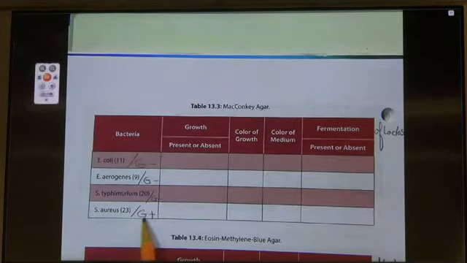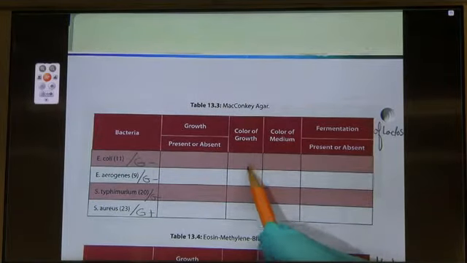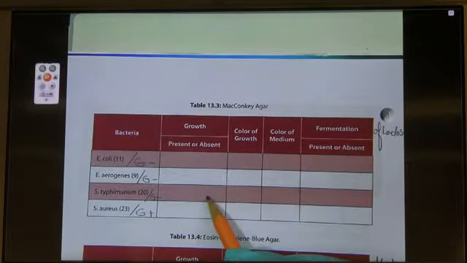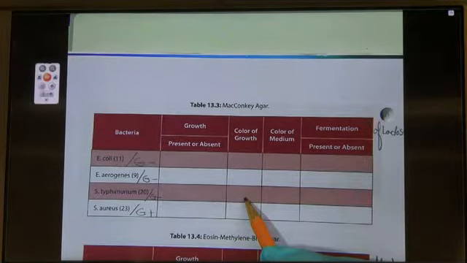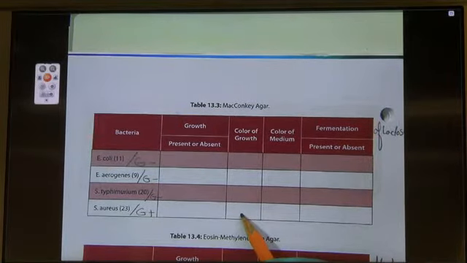It is gram positive. Color of growth. The first two, they are pink because they are fermenters. The third one, Salmonella typhimurium, what's the color? Gray, non-fermenter. Last one, Staph aureus, not applicable, did not grow.